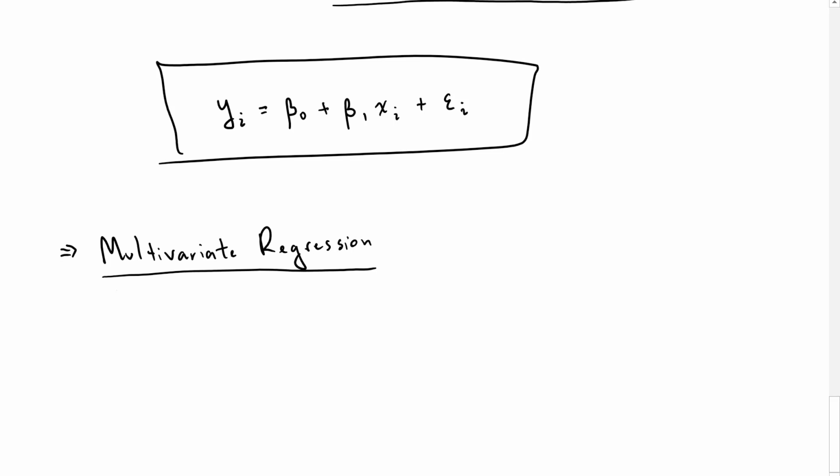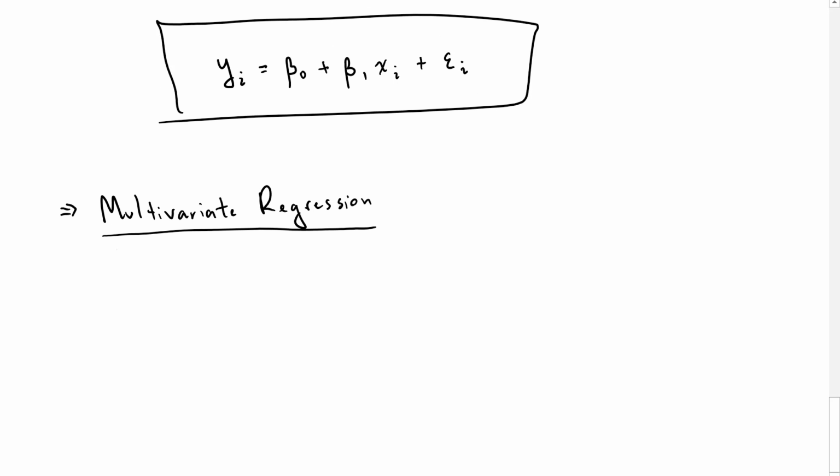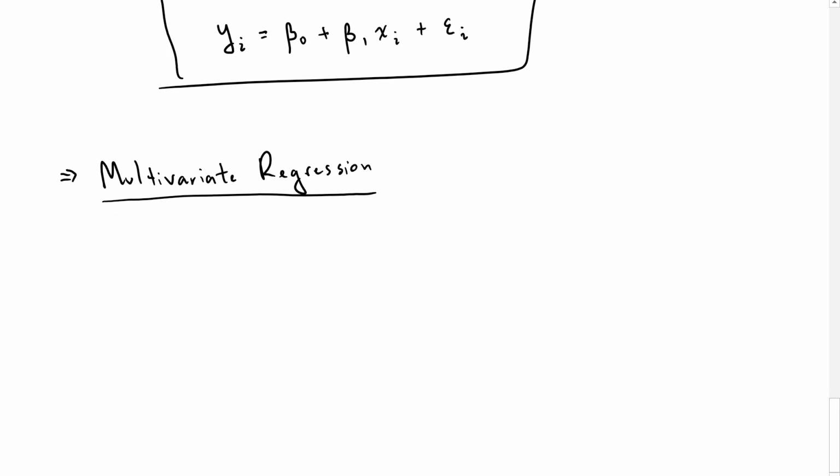And this is where we start adding in variables to try to include any of the omitted variables. So if we started with yi is equal to beta 0, then we have beta 1 xi, but then we start adding more.